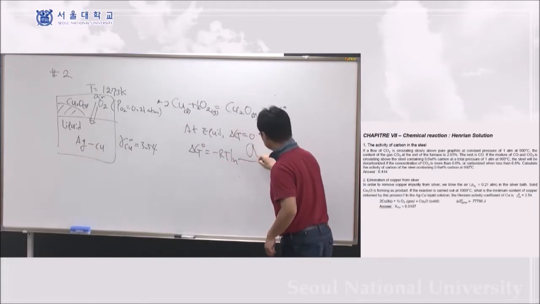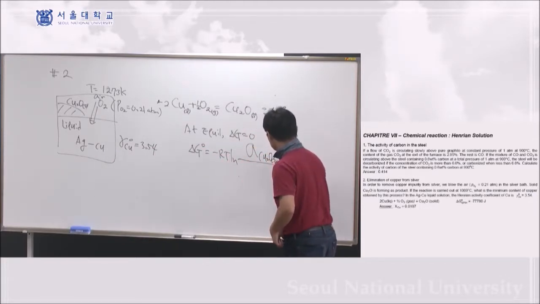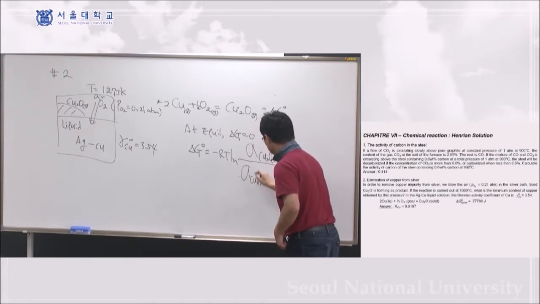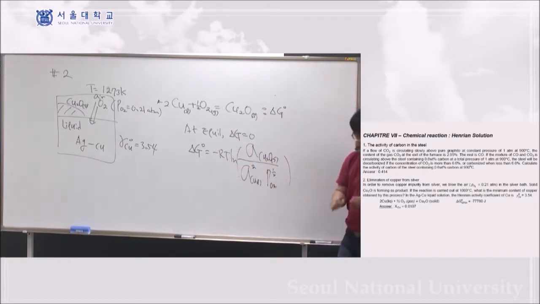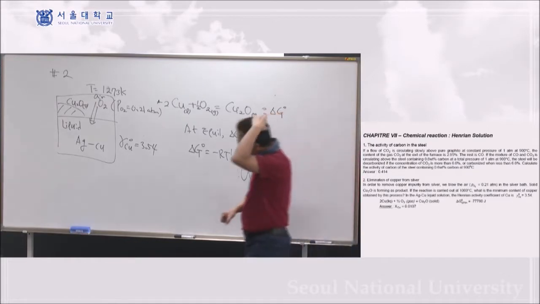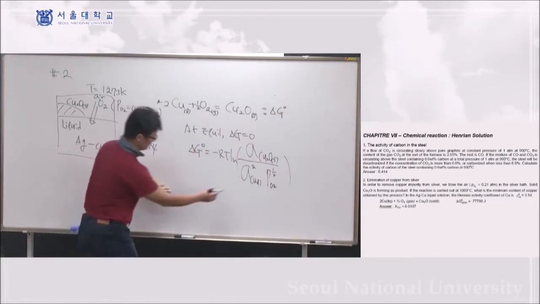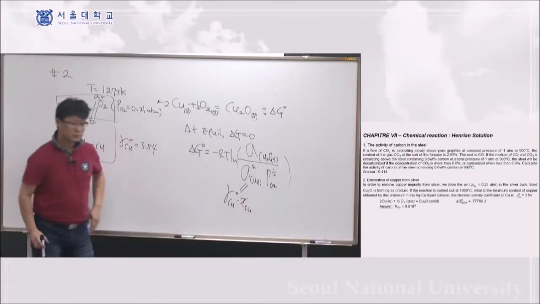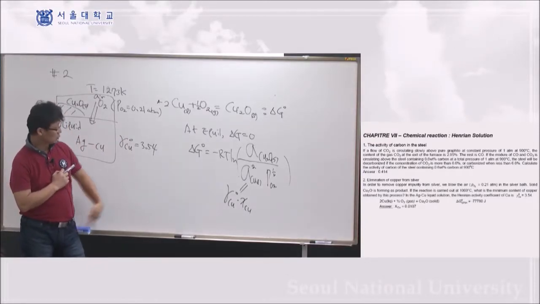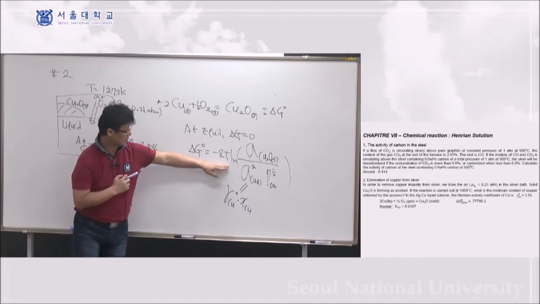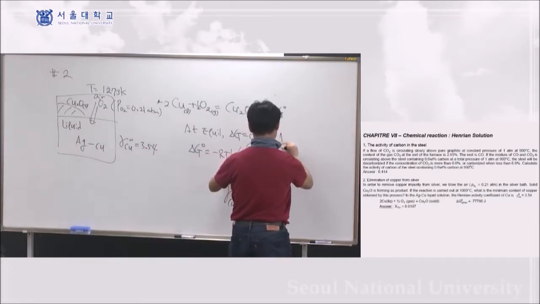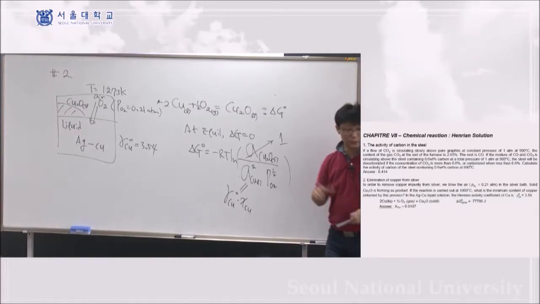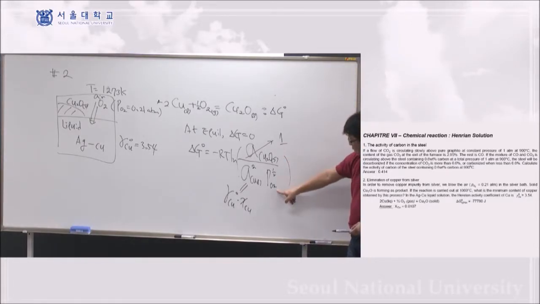So, activity. Okay, and this one, so we know this value, we know the temperature, and this one, because there's no information, so we can assume that this is pure Cu2O that can be formed because there's nothing else, and then partial pressure of O2 equal to 0.21 and in root.